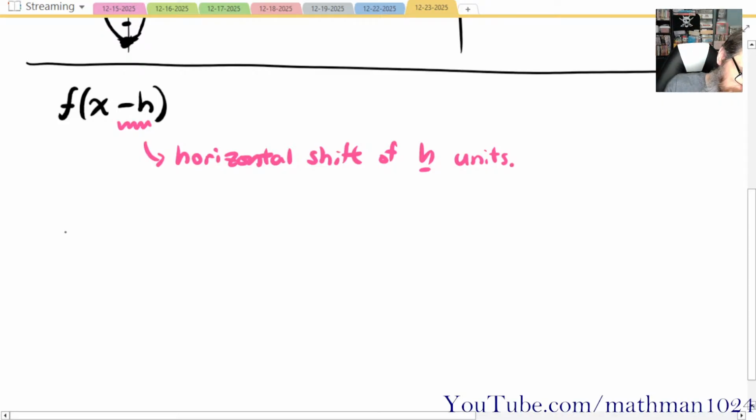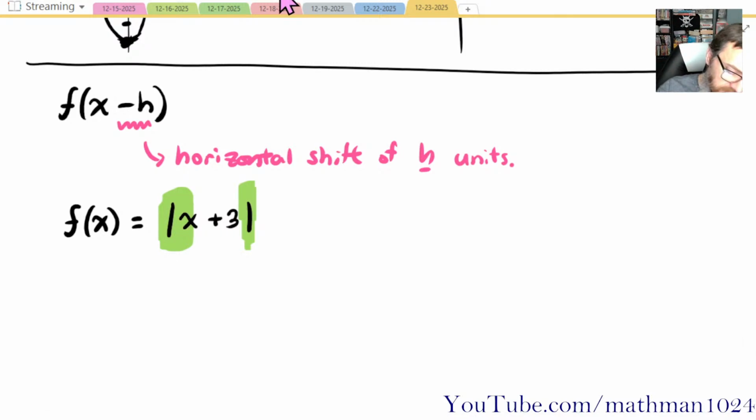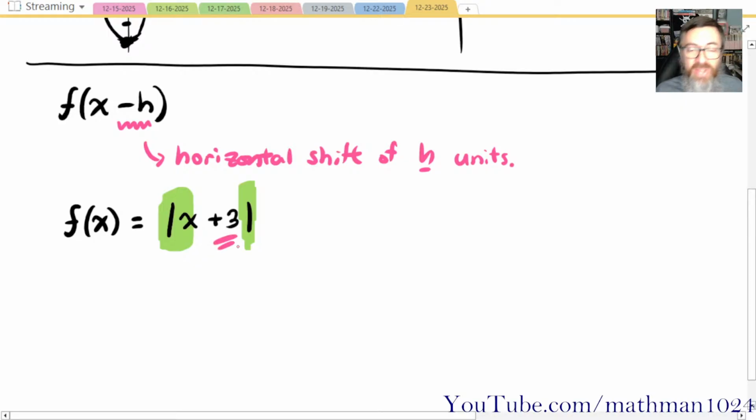For example, if I do my function, and then I do the absolute value of x plus 3. So this absolute value stuff right here and your x tells you that, again, we're dealing with the V shape. But the plus 3 being on the inside tells me that I have a horizontal shift.